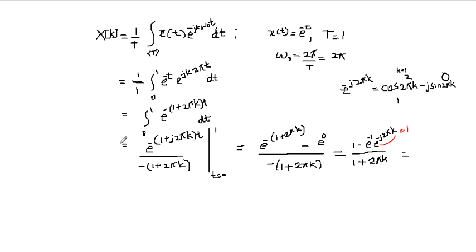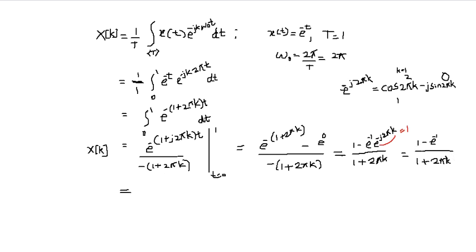So when we do that, this equation is for x of k, and x of k is equal to 1 minus e to the power minus 1 divided by 1 plus j 2 pi k, and the value of e to the power minus 1 we can find out and subtract it from 1.